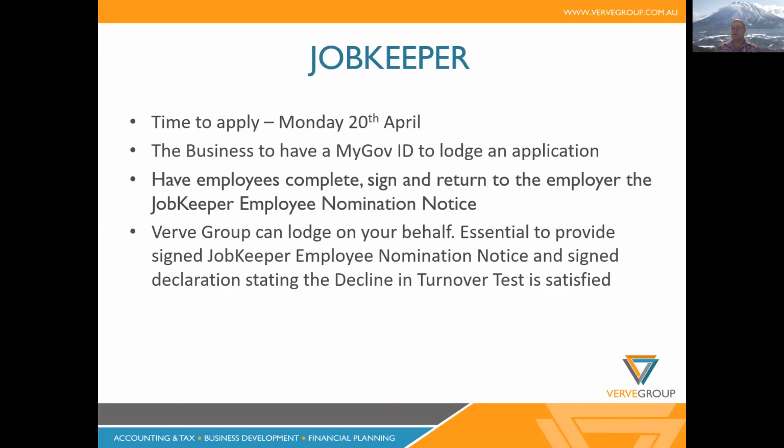And also a signed declaration stating that you've satisfied the decline in turnover test, and that's to be signed by a relevant, authorised person. That would be a director of a company, partner in a partnership, or a trustee of a trust.